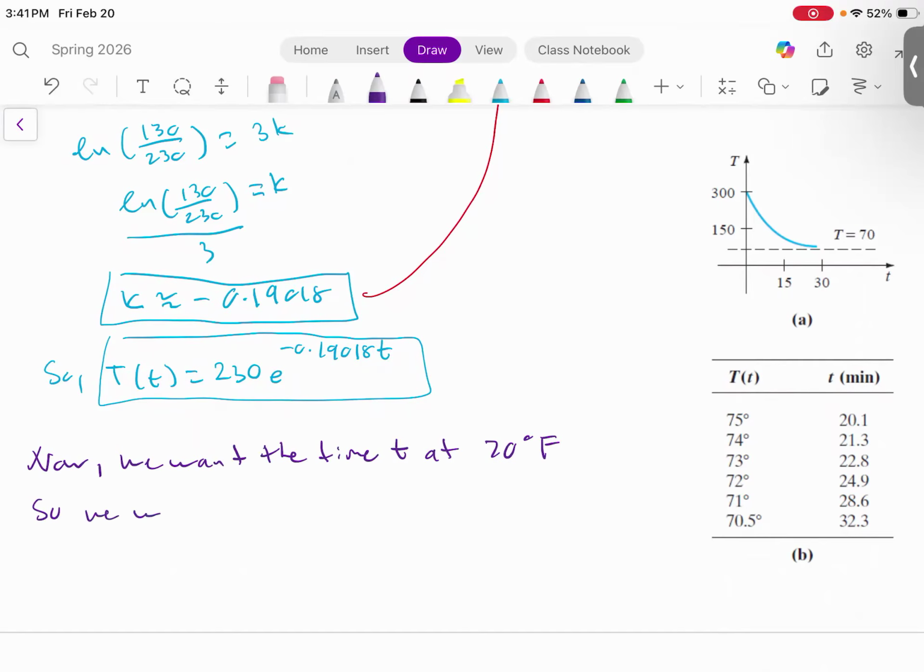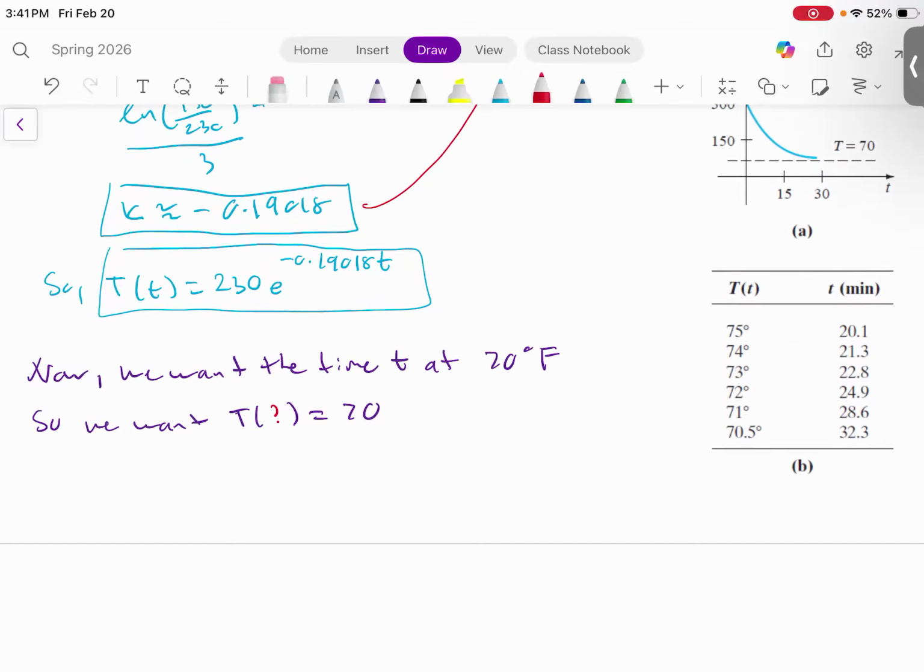So we want basically T of t equals 70. Let's do it like this: T of question mark, the time, equals 70. So let's go ahead and figure that out.